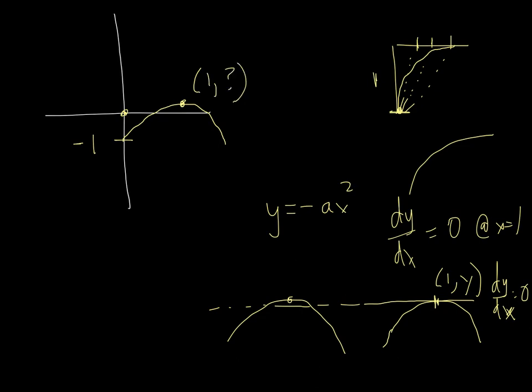We don't know how far, right? And so instead of y equals negative ax squared, it would look like this for the equation. I don't know. Let me see what else he told us. Did he tell us a point?